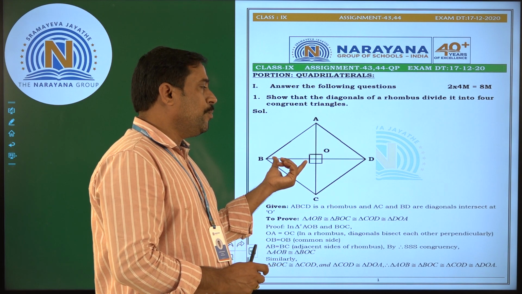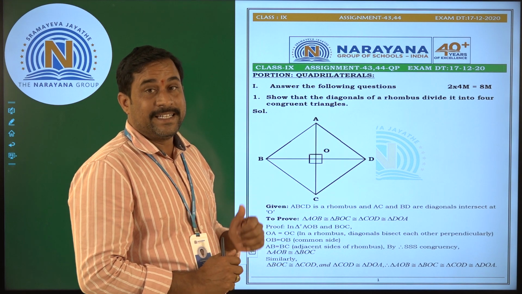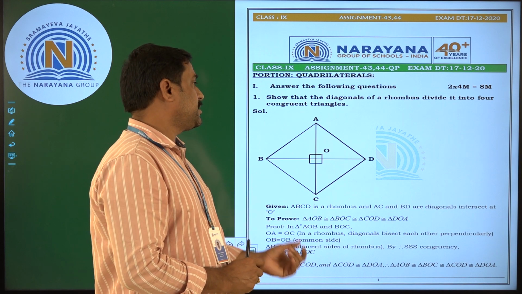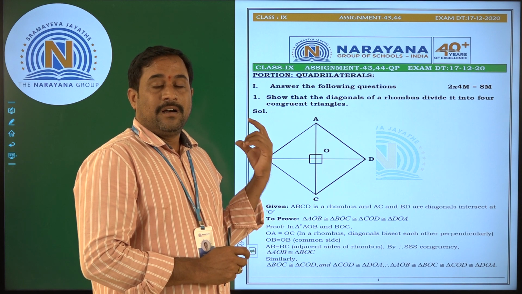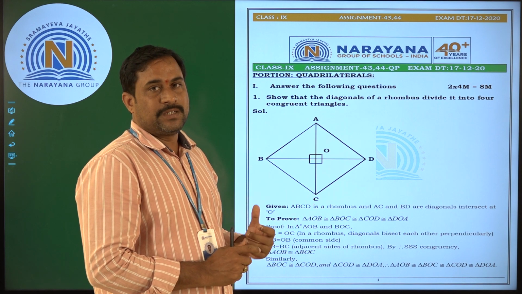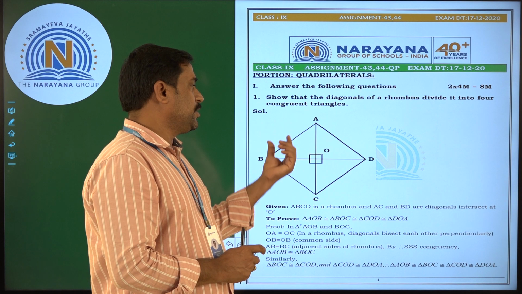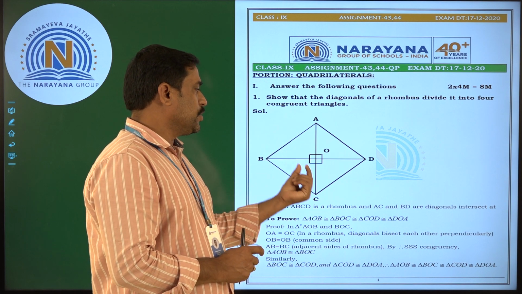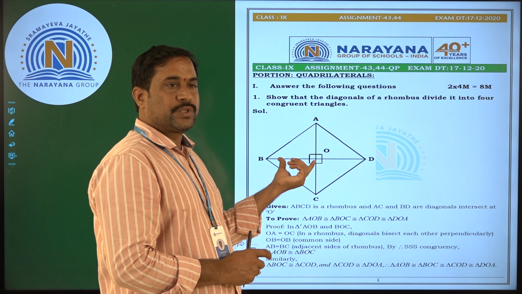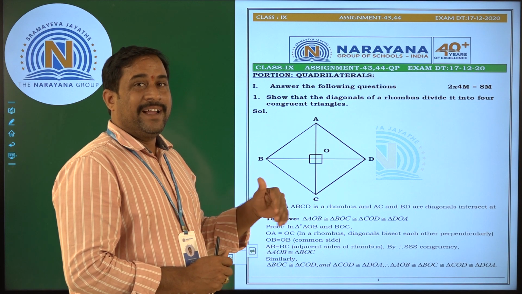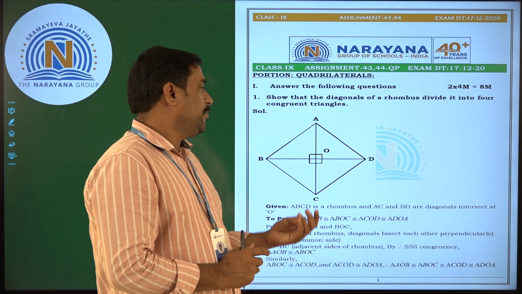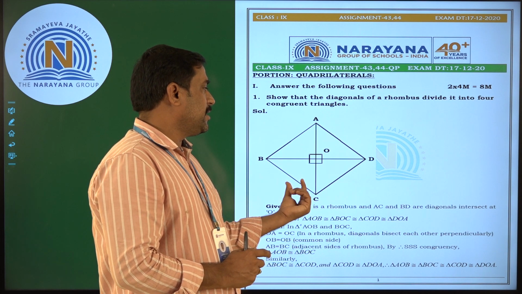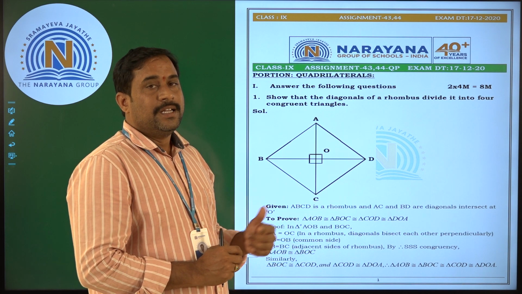In the same manner, OB is equal to OB because it is a common side for both triangles, and AB is equal to BC, which are sides of a rhombus and are equal. So AB is equal to BC, OA is equal to OC, and OB is equal to OB, a common side. By the SSS congruency criterion, both triangles are congruent.